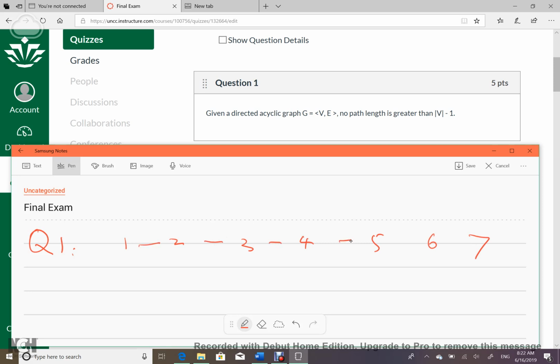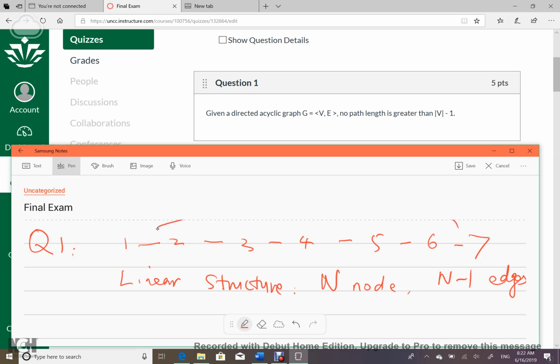If we link them one by one in this linear structure, then if we have n nodes, we have n minus 1 edges, right? With 7 nodes, we have 6 edges connecting one by one.